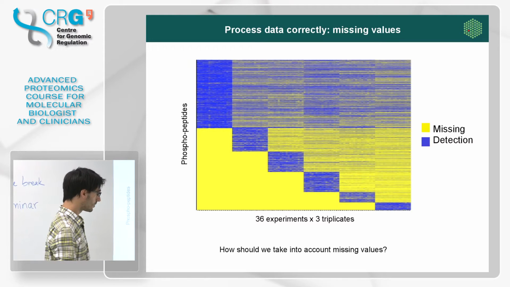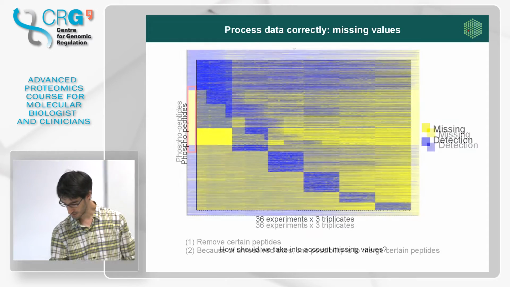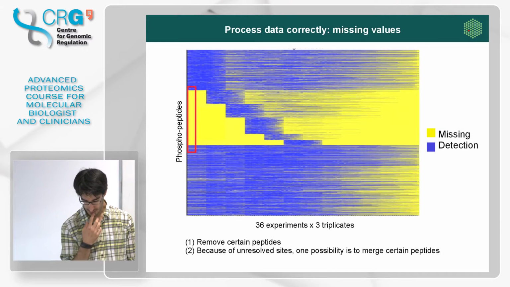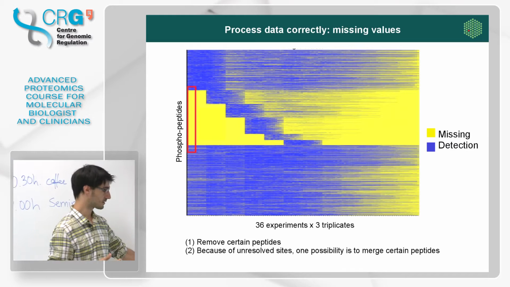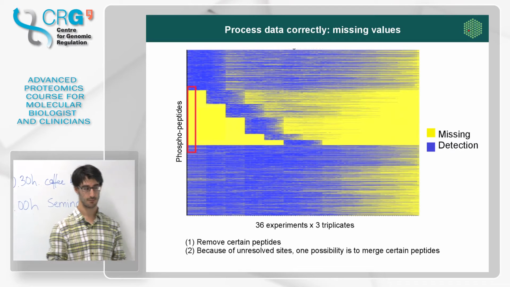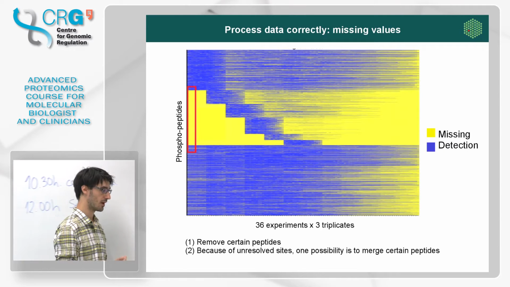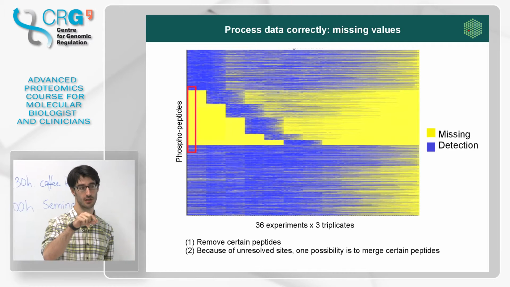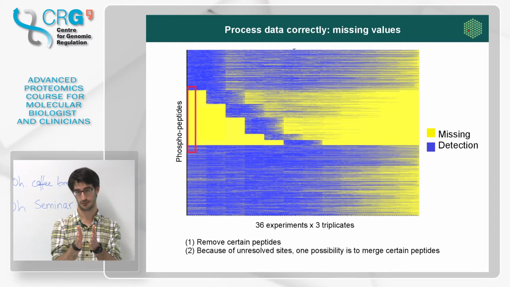Right. So how should we take into account the missing values? One thing that we did, for example, was to remove certain peptides. I'm going to get into a bit of detail as to what the criteria are to remove these peptides. And then, as you have seen, I guess, the machine sometimes is not able to specifically resolve if phosphorylation happens at a certain amino acid or at the one that is right next to it.